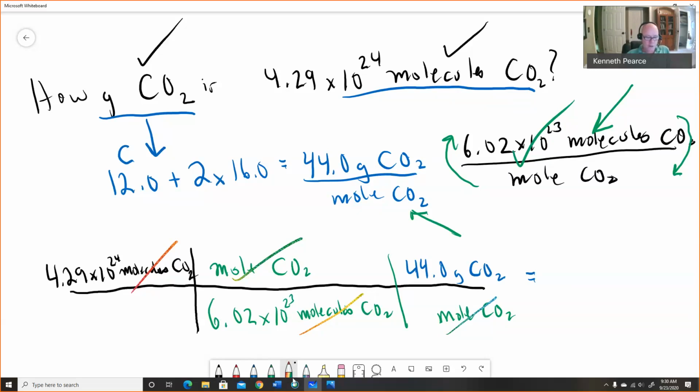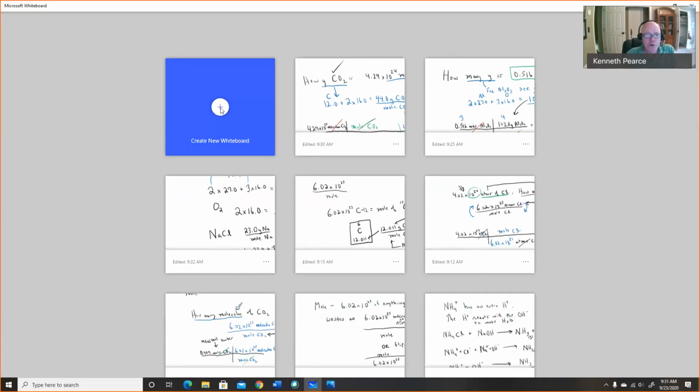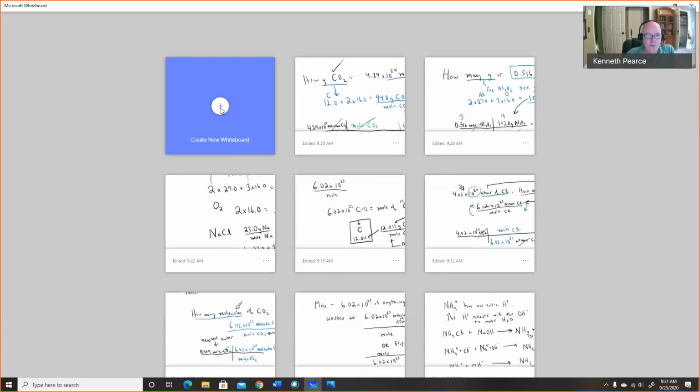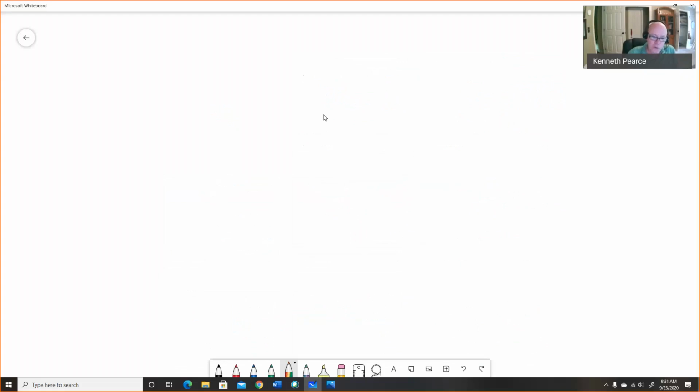And I get 313 grams CO2. So we can do this as long as you go through the problem and pull down what it is that you need. Then you can set up so that units cancel, and you'll get it right every time.